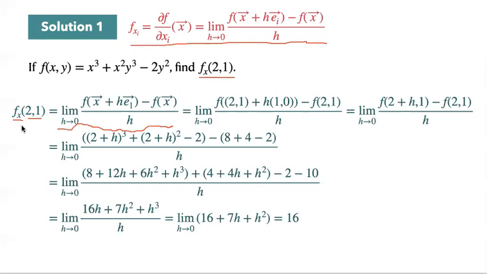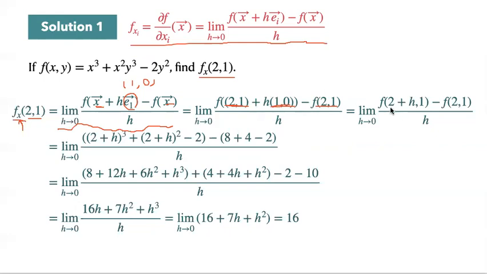Since we think about the x direction, we use the e1 vector. In this case, e1 is just (1, 0). So I put x here as (2, 1), which is the given point, and e1 is (1, 0), and here x is (2, 1), right?